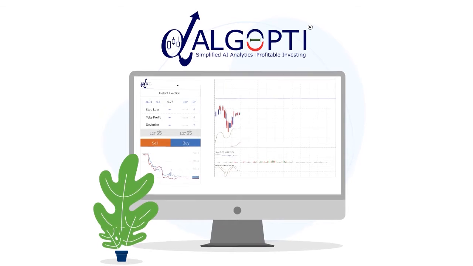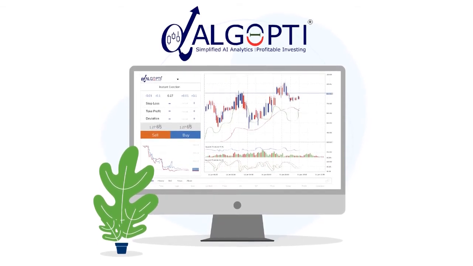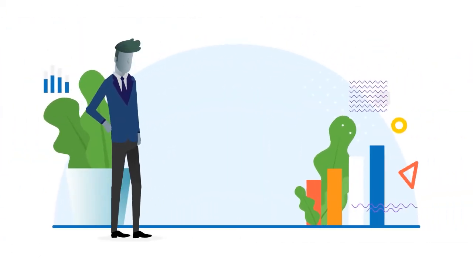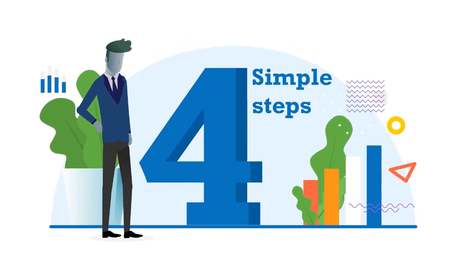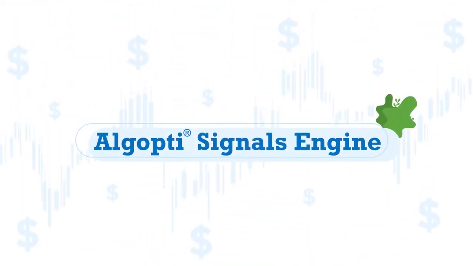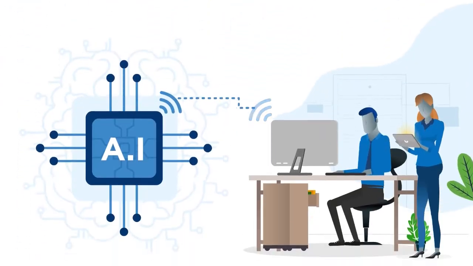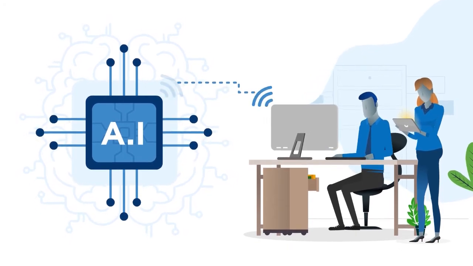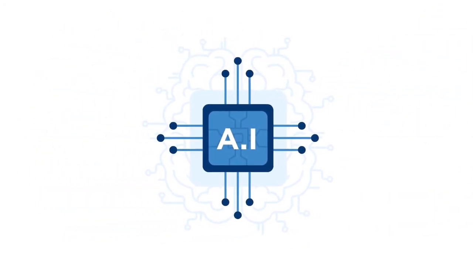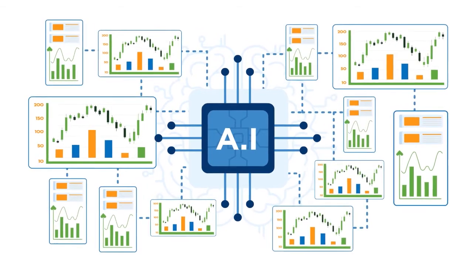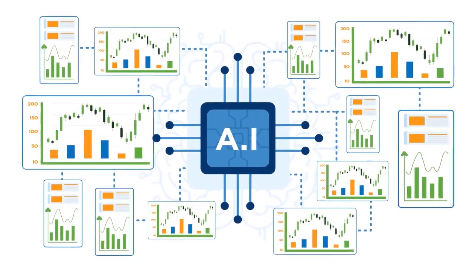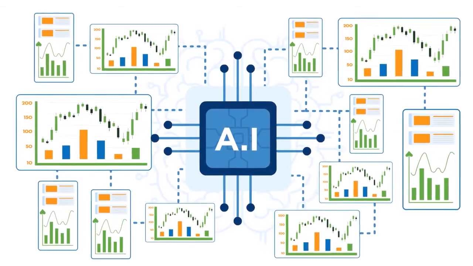Although the inner workings of Algopti are complex behind the scenes, it is actually really easy to use in 4 simple steps. Step 1. We run the signals engine and quantify how well Algopti's AI accurately predicts which direction any stock or market index will move, providing you, the end user, with full performance transparency.